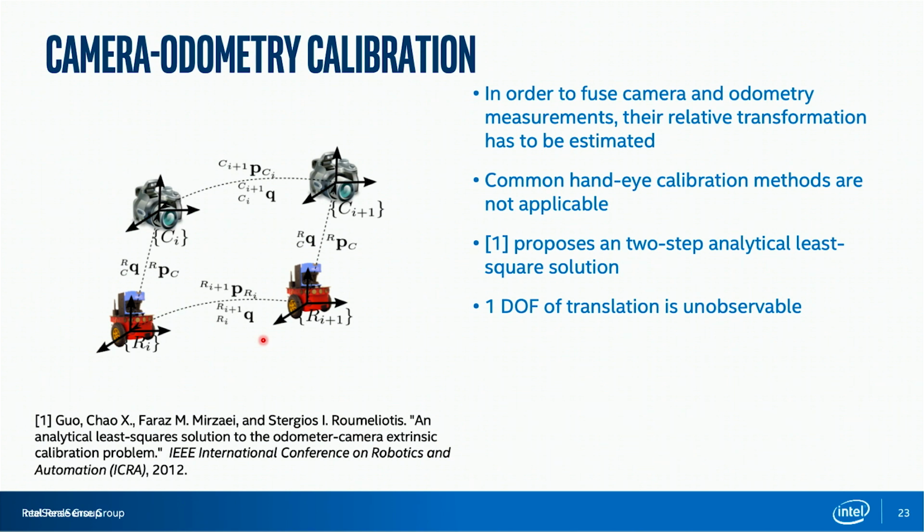This is also a classic hand-eye calibration problem in the sense that it can be obtained from relative poses, but what is different here and why common methods cannot be used is that the robot only moves in the plane and only rotates around one axis, which makes some of the degrees of freedom unobservable. So I wanted to highlight this work from ICRA 2012, which proposes a method to solve this problem.